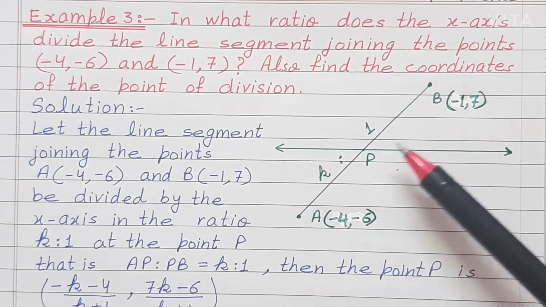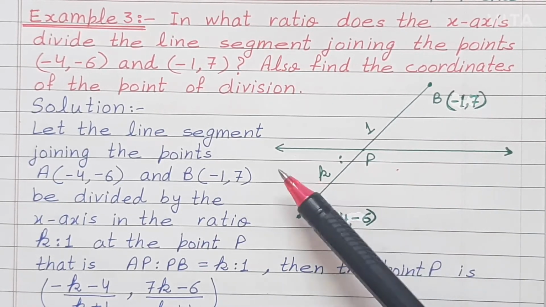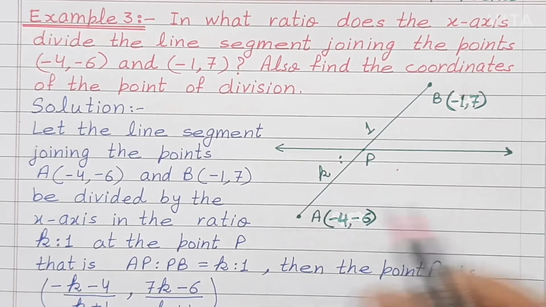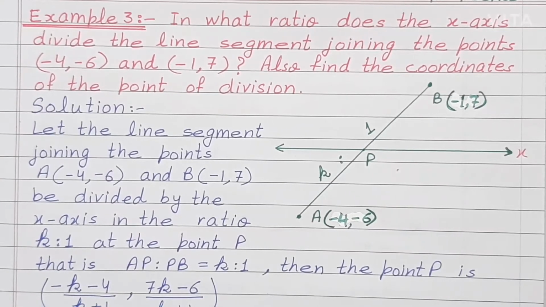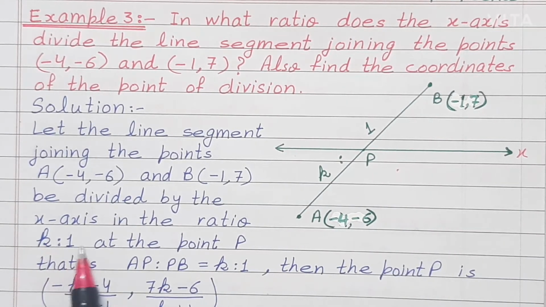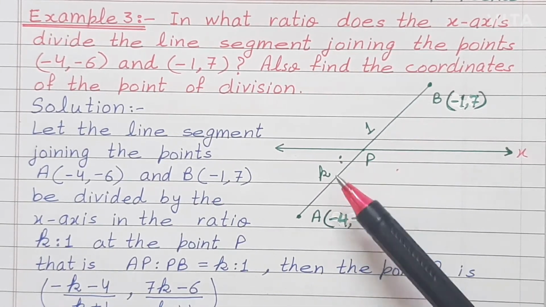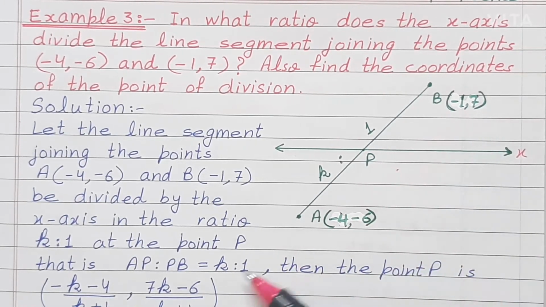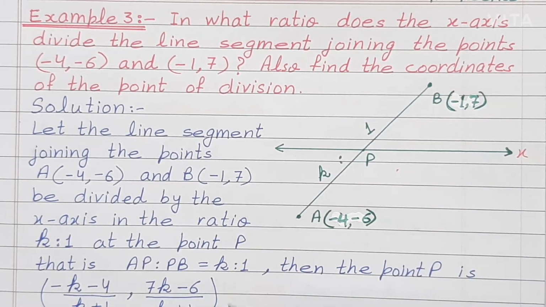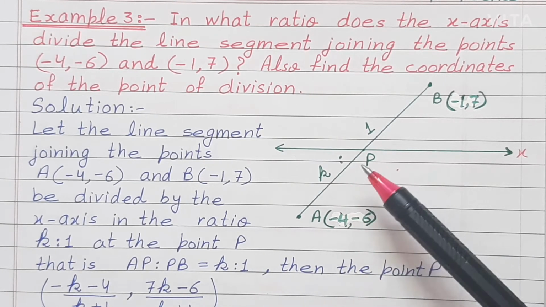And P is the point of intersection, where the other line is the x-axis. Clear? So let us assume that the ratio is k:1, that is, AP:PB is k:1.